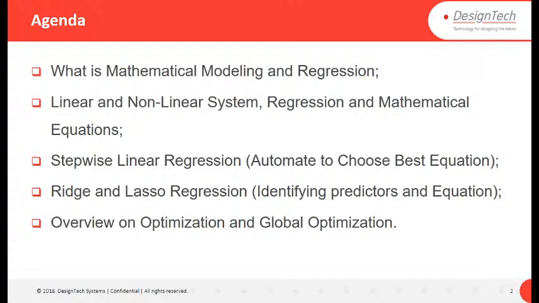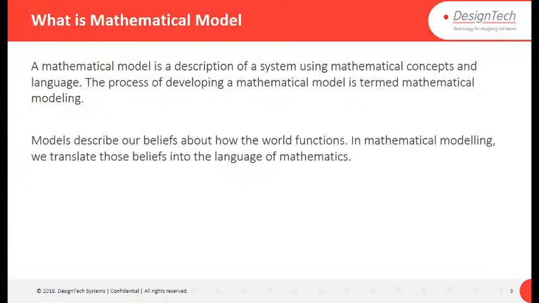So first of all, what is a mathematical model? A mathematical model is a description of a system using mathematical concepts and language. The process of developing a mathematical model is termed mathematical modeling. Let's say that you have some kind of system. Your system can be your mobile, any plant, it can be a chemical plant, or some kind of manufacturing plant for vehicles or any kind of thing.